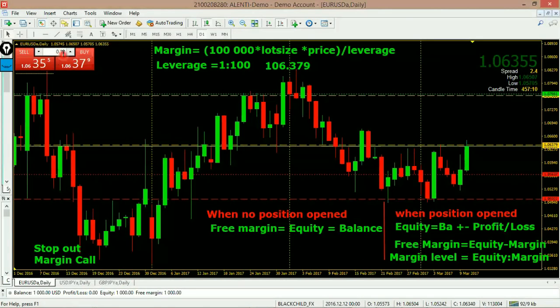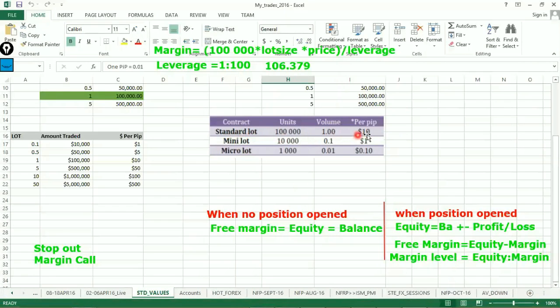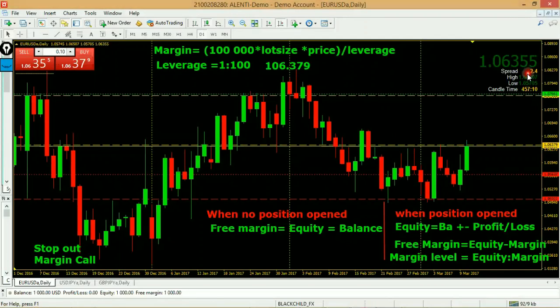So let's say, for example, if I had a lot size of one standard lot, my spread in dollars was going to be, let's check, for the standard lot each pip movement is $10. So my transaction was going to start at a negative $24 because each pip movement would be $10.